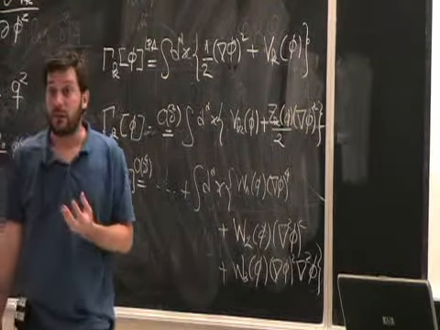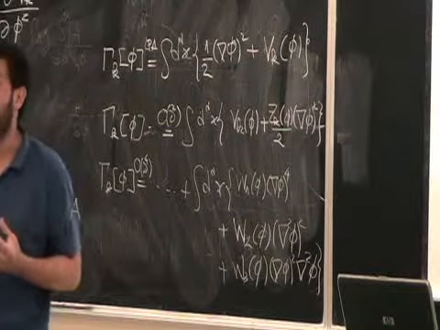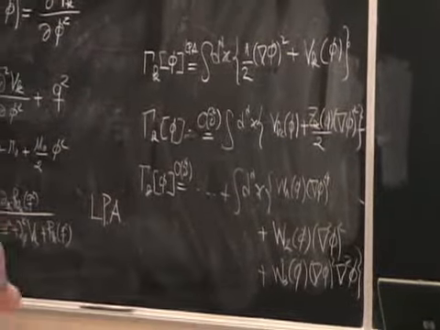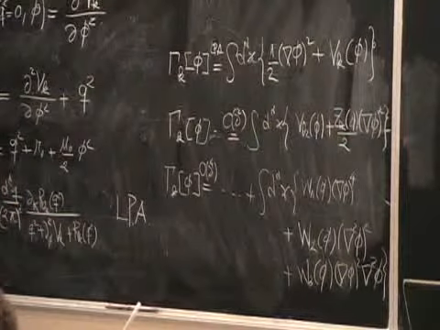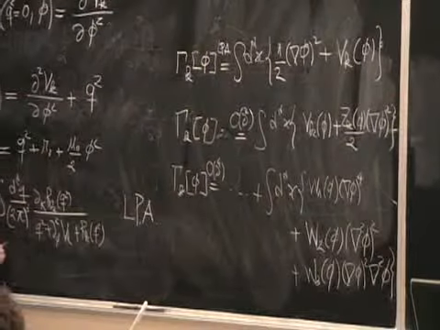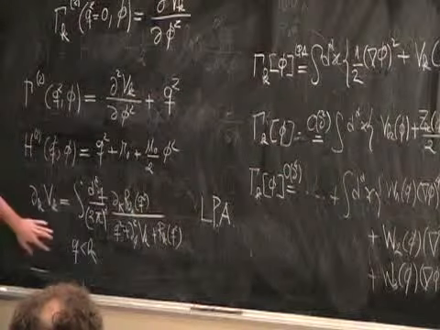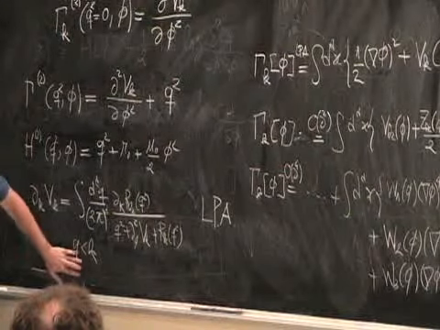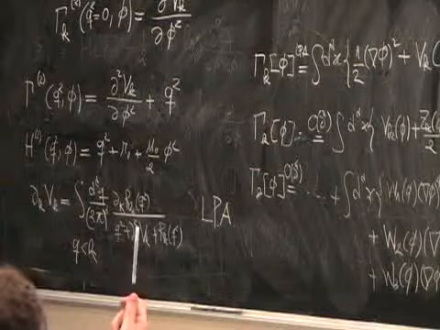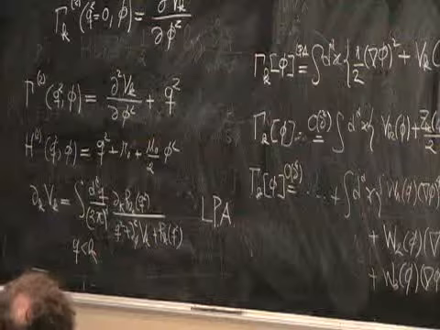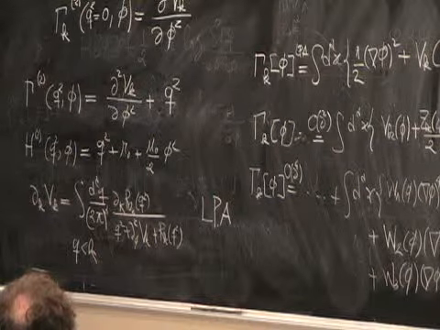Of course, the expansion is an expansion in a parameter of order 1 because you are expanding in q and q is bounded by k. So this approximation only works for momenta smaller than k.